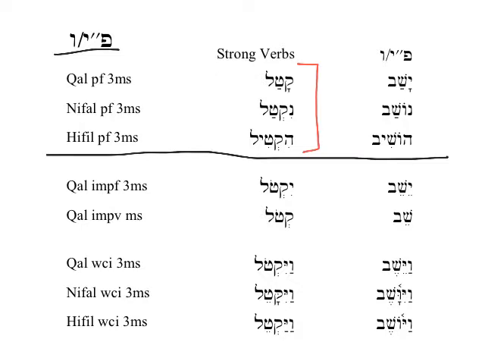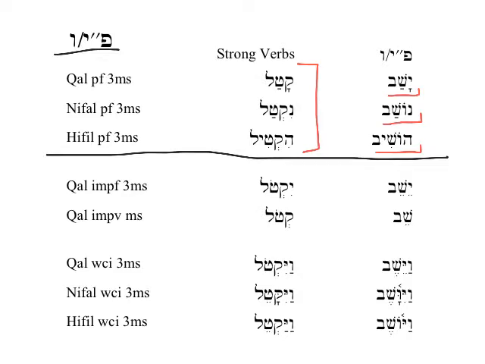Now, in the case of yeshav, he sat or he dwelt, it's exactly the same. There's no issue at all. However, in the nifal, in hifil, we see a bit of a change. Namely, while there are some true peh-yod verbs, there's a few.